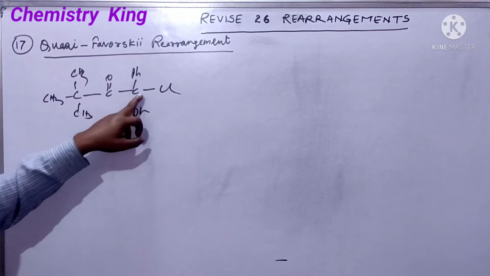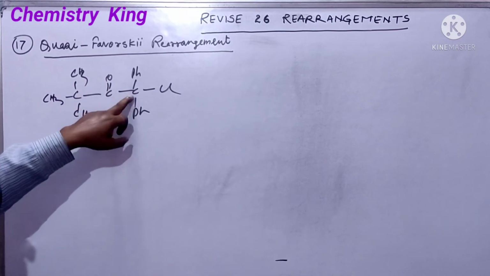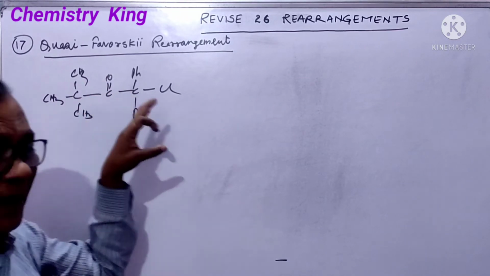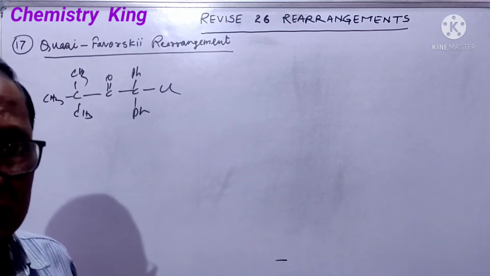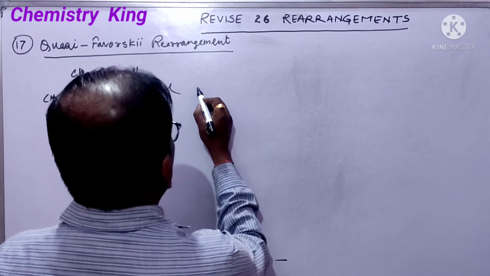It is ketone, and it is alpha carbon, where there is no hydrogen. Such an alpha haloketone is heated with sodium methoxide.